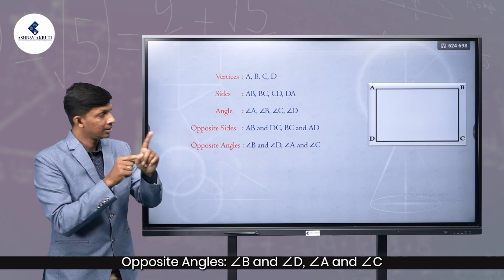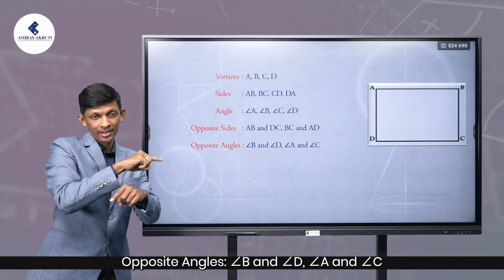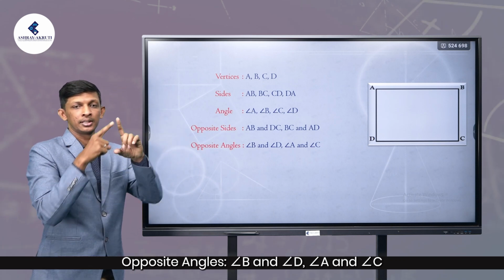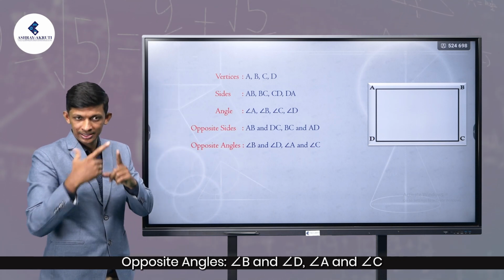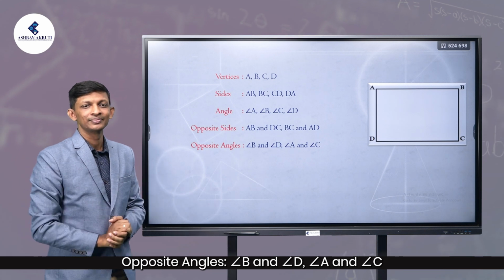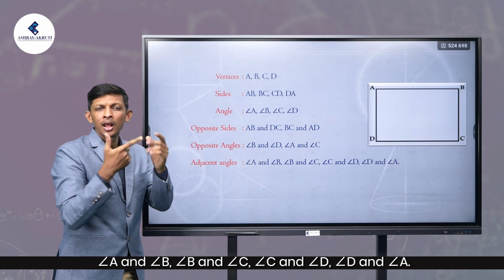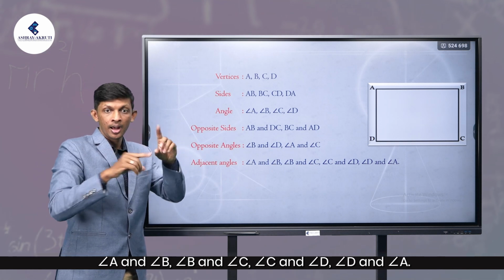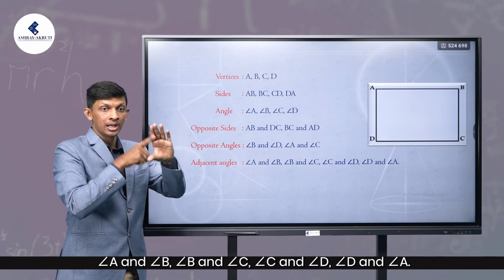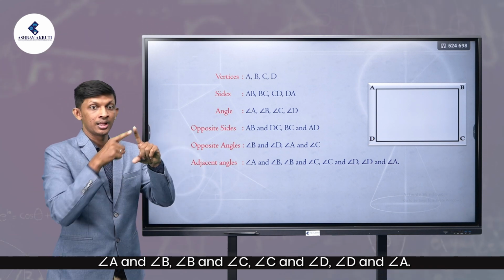Opposite angles: angle B and angle D, angle A and angle C. Adjacent angles: angle A and angle B, angle B and angle C, angle C and angle D, angle D and angle A.